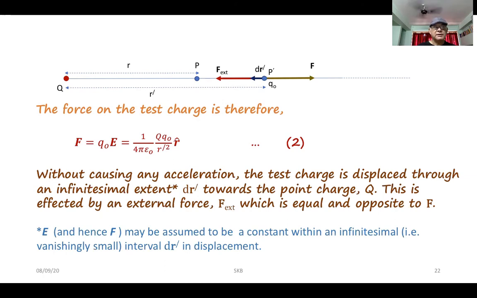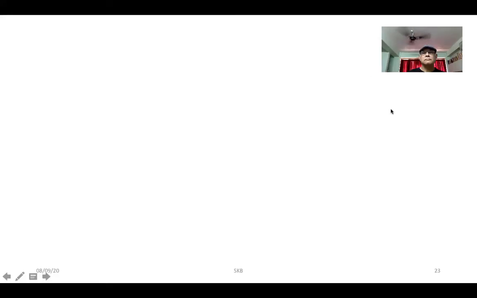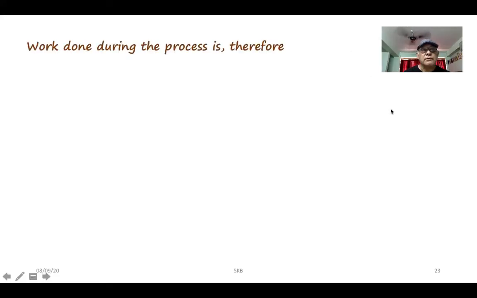Regarding the asterisks, E and hence F may be assumed to be constant within an infinitesimal, that is vanishingly small interval dr dash in displacement. Work done during the process is therefore dW equal to F dot dr dash equal to minus F subscript ext dot dr dash.